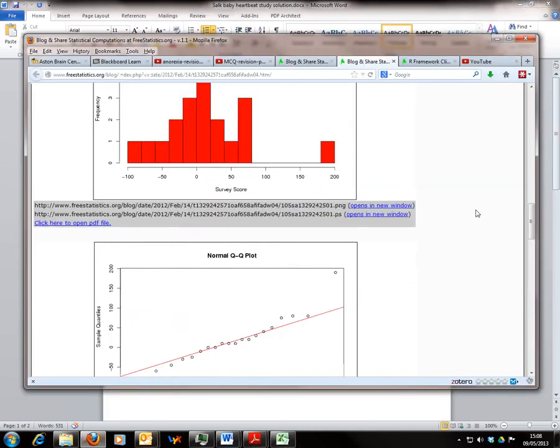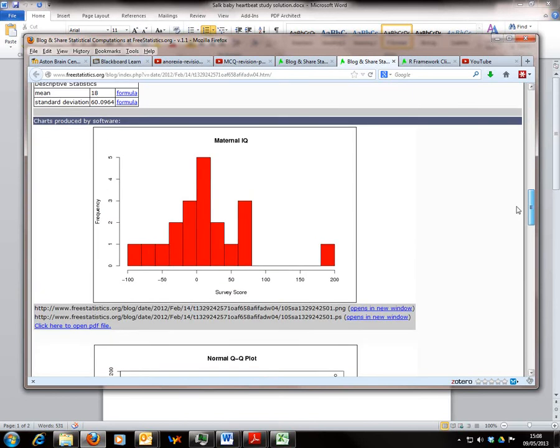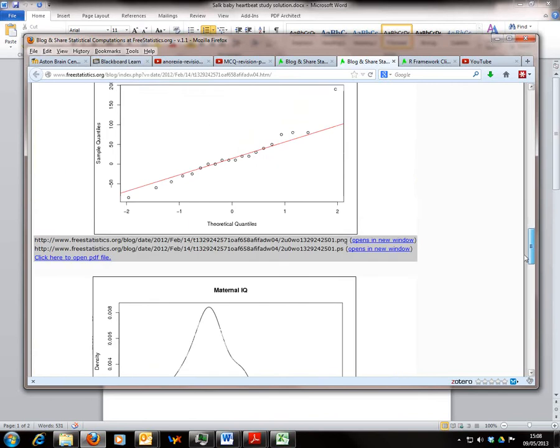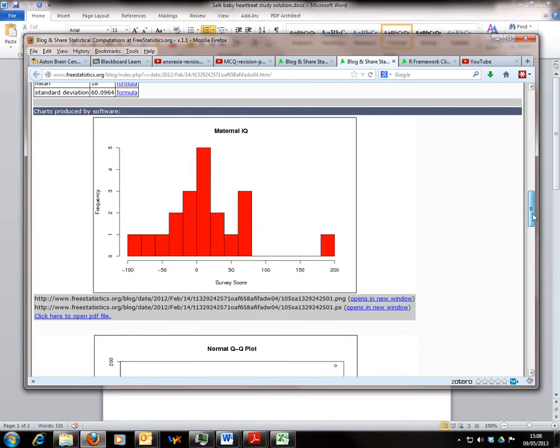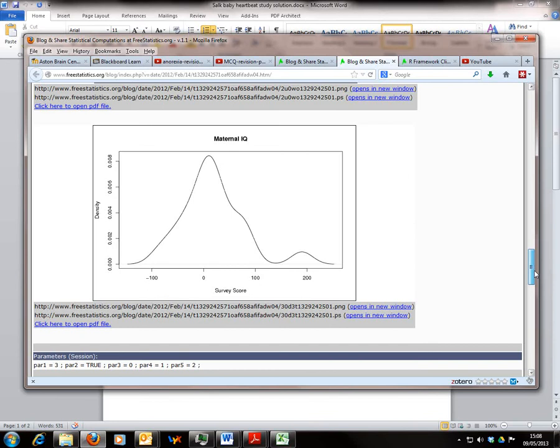If we look first at the links that I've sent, here's the heartbeat data. So this is just the data that relates to the heartbeat, and this is a plot of those distributions. And we've got a histogram, QQ plot, and a density plot of the same data.